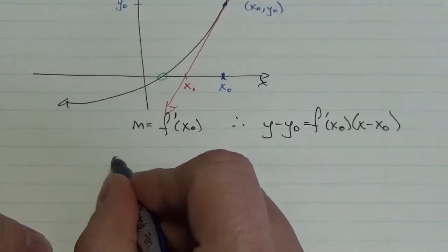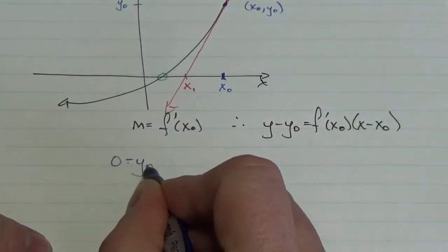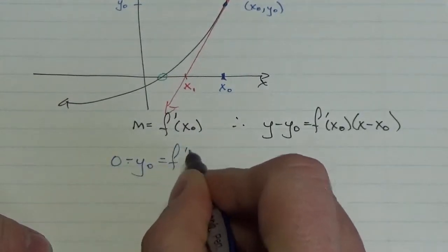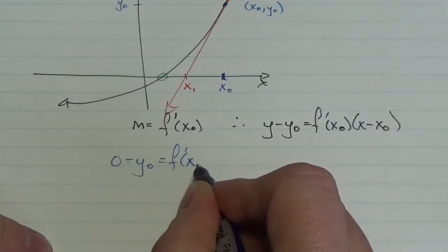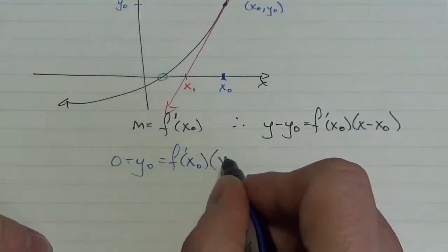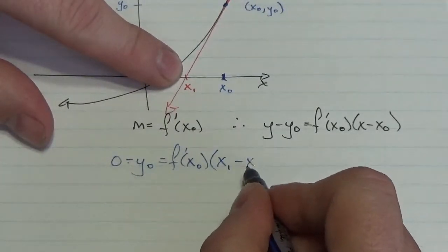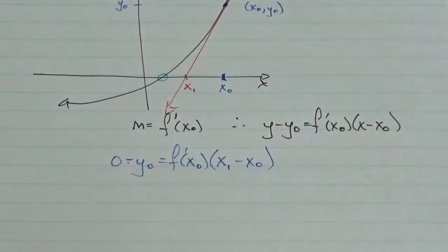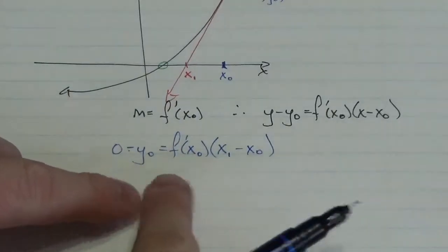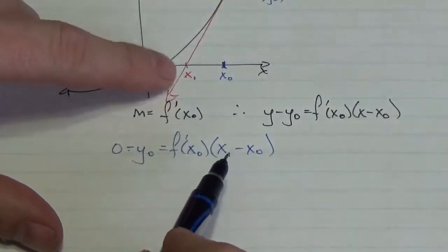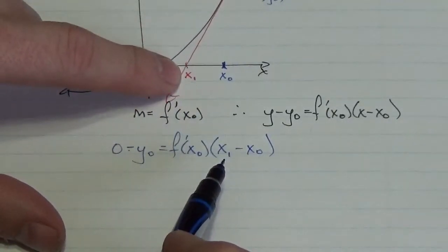So I will get 0 minus y naught is equal to f prime at x naught times x, now it's going to be x1, minus x naught. Now, what I'm interested in is figuring out what that x1 is.